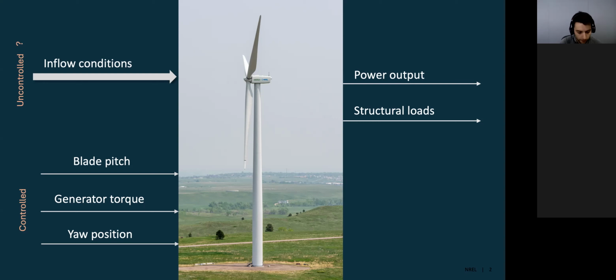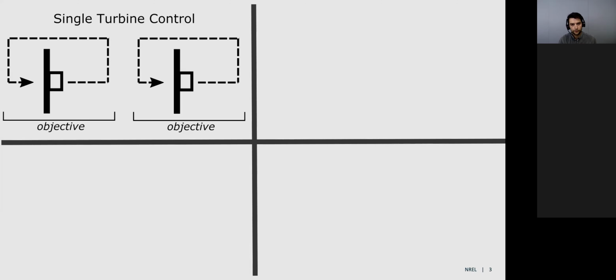But I put a question mark here because in some cases we might be able to control the inflow conditions, at least to a small extent. For a single wind turbine, we can't really do this. But when we have multiple wind turbines in a wind farm, then we have the ability to affect the wakes of upstream turbines and their position on downstream turbines. And so we can start to think about controlling, to a certain extent, the inflow conditions to certain turbines in the farm.